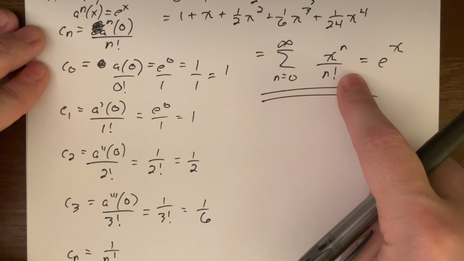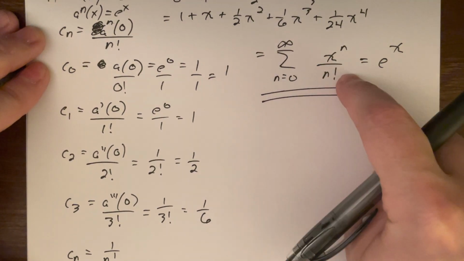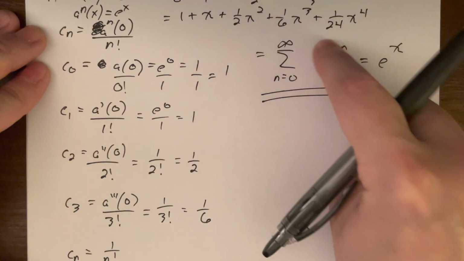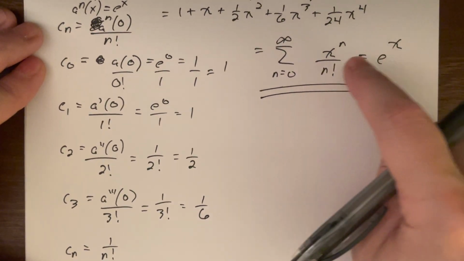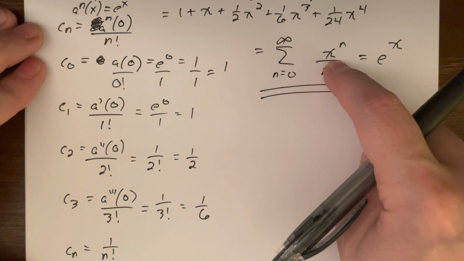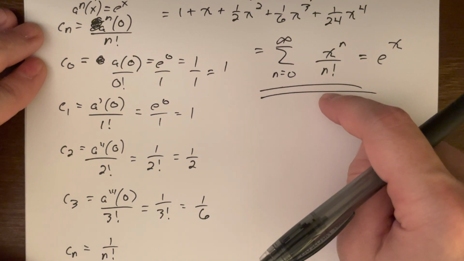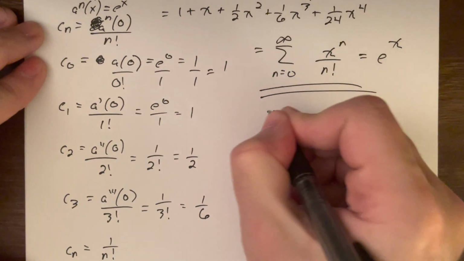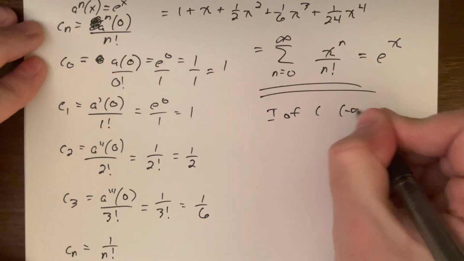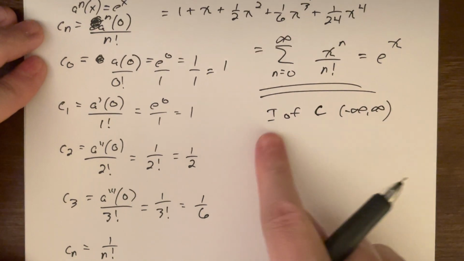You'll take the ratio test, absolute value of x to the n plus 1 over n plus 1 factorial, divided by absolute value of x to the n over n factorial. A lot will clean up. You end up with the absolute value of x over n plus 1, and as n goes to infinity, that goes to 0, which is always less than 1. This will converge from minus infinity to infinity.